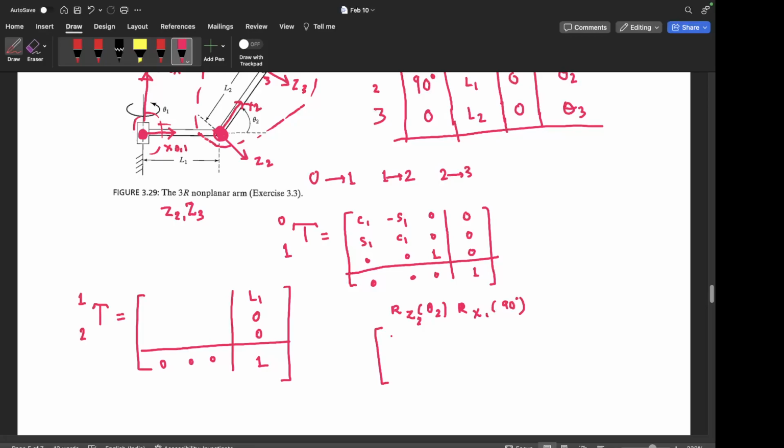So rotation about z is c2, minus s2, 0; s2, c2, 0; 0, 0, 1. And this is about x, so 1, 0, 0, this is fixed, then cos 90, minus sin 90, sin 90, cos 90.